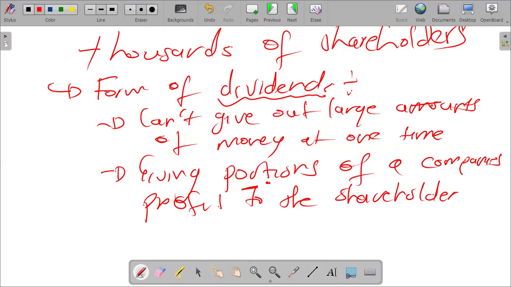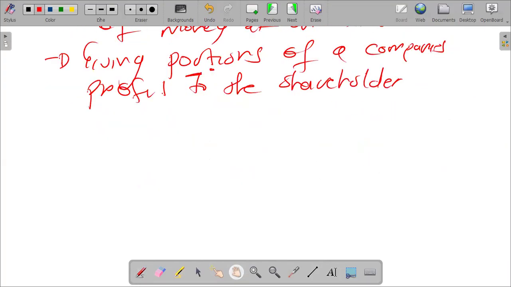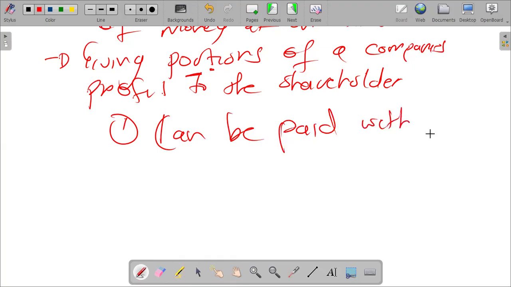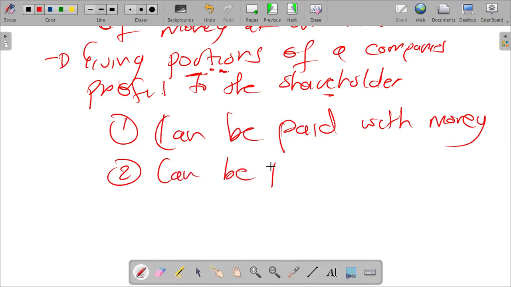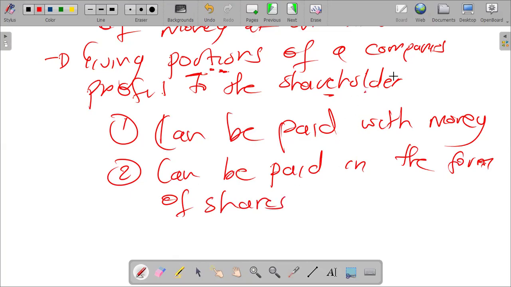They can be paid in one of two ways. One, they can be paid with money, so these portions will be in the form of money or capital given to the shareholders. Or two, they can be paid in the form of shares. The shareholder will decide, I don't want money, but rather give me shares for my portions.